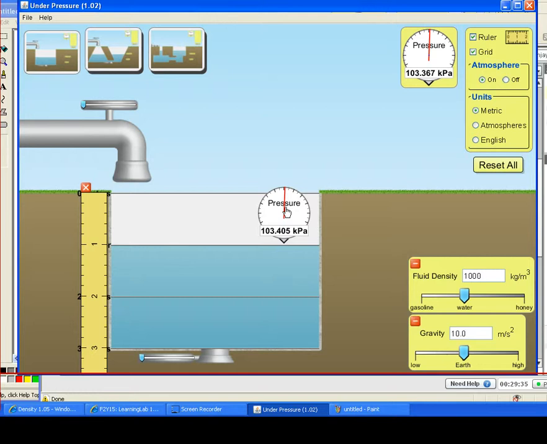All right? Now, I want you to estimate for me what would be the pressure. Remember that when there was only air, at the 2-meter mark, the pressure was 103.418. I want you to estimate what the pressure will be now, using the same ideas as we just did.